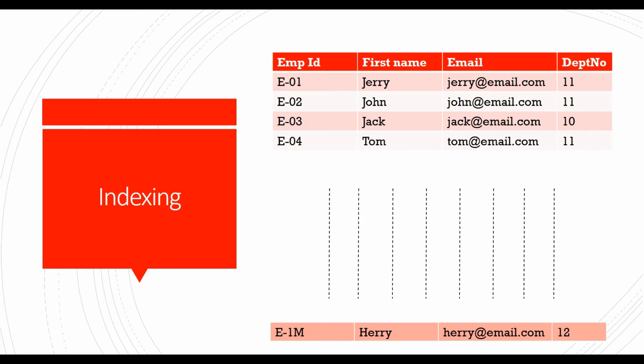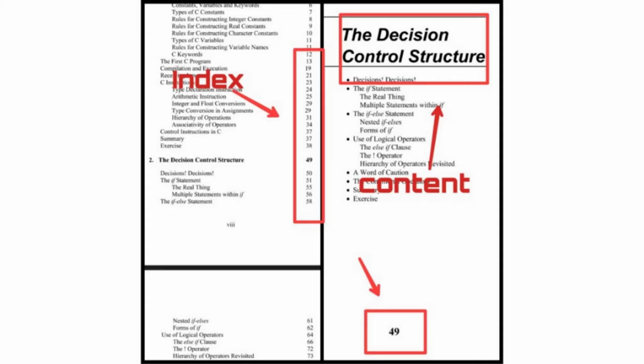Another way is to create an index. Suppose I create employee ID as an index. Now if I want to get the information related to employee number 4, I just use the index to get the information. You can relate it to reading a book: if you want content related to a specific topic, you won't search the entire book for that topic.